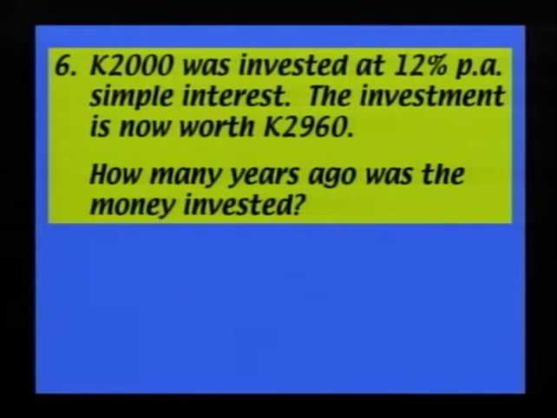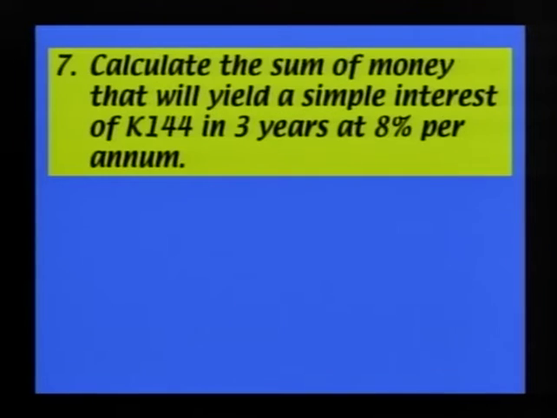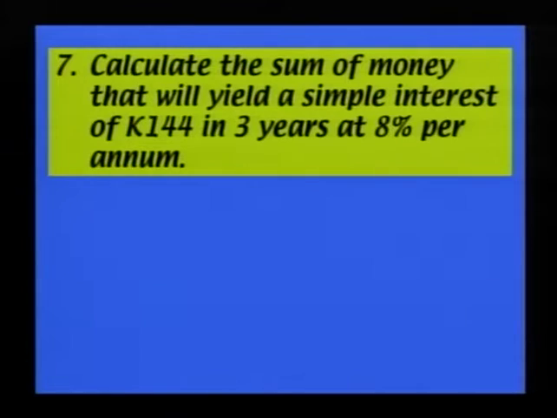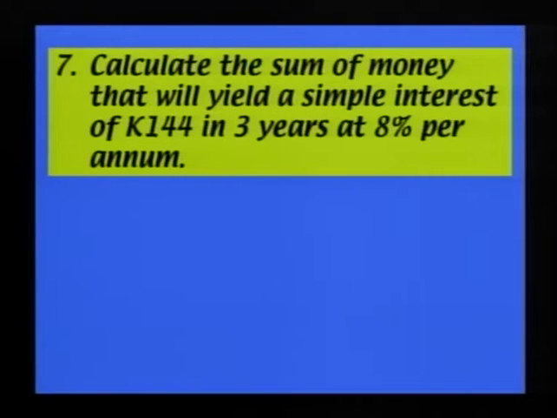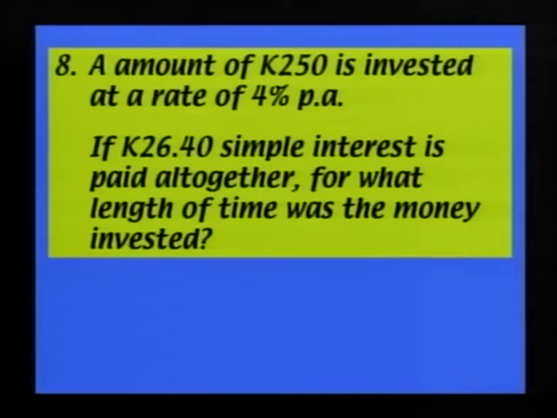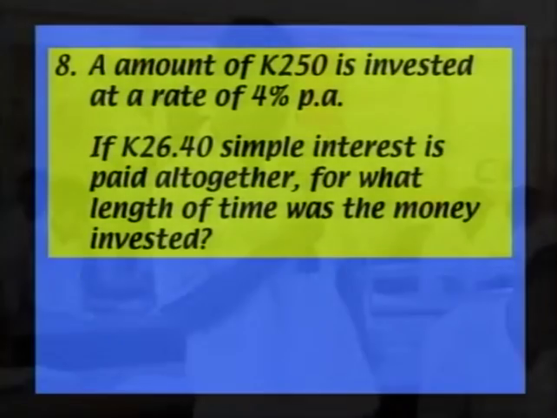You have to calculate the sum of the money that will yield a simple interest of 144 kina in 3 years at 8% per year. That's number 7. 600 kina. You all agree? Yes. Number 8, Solomon. 2.64 years.